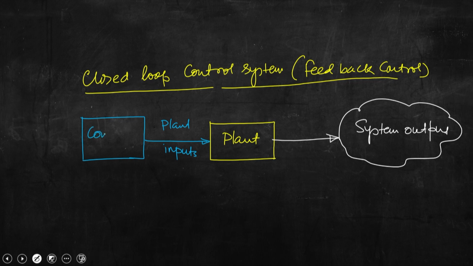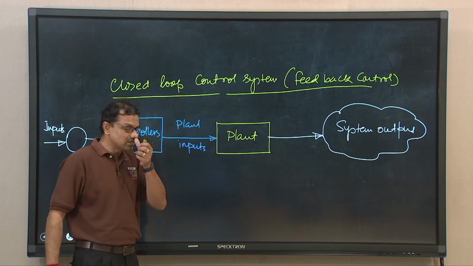So this is the controller. Now this is very important. We have inputs. Now this is a closed type or closed loop.